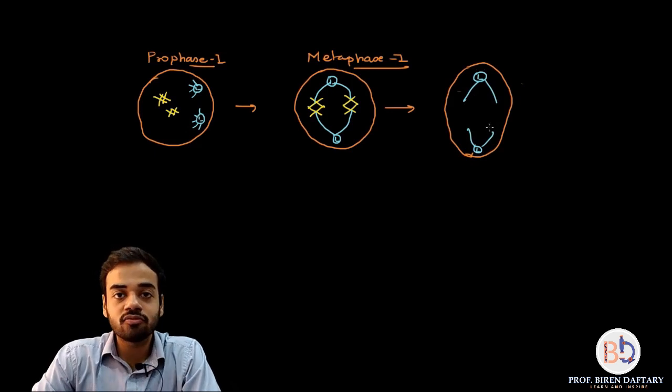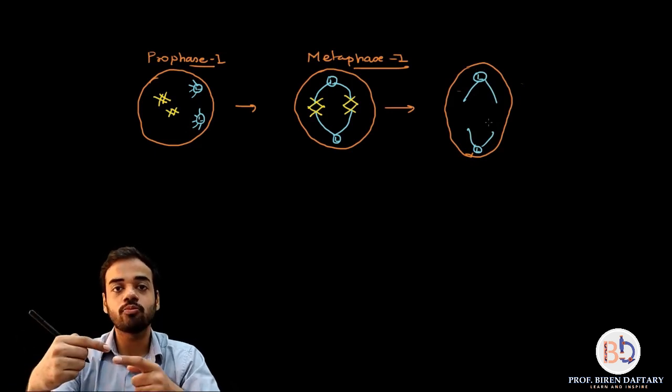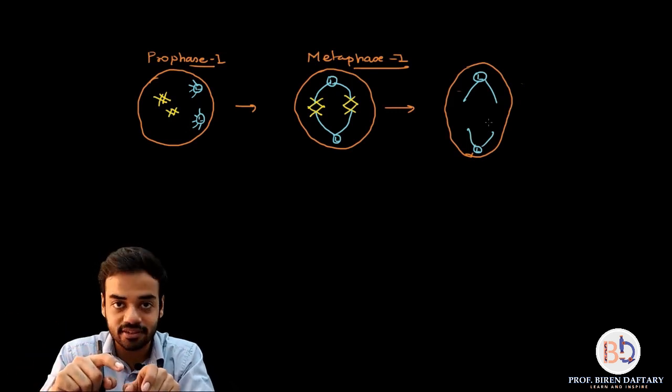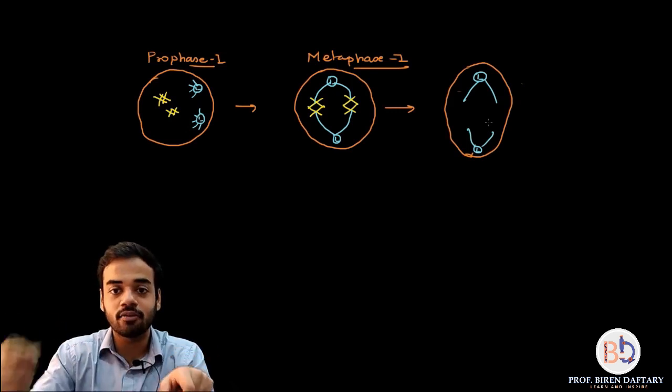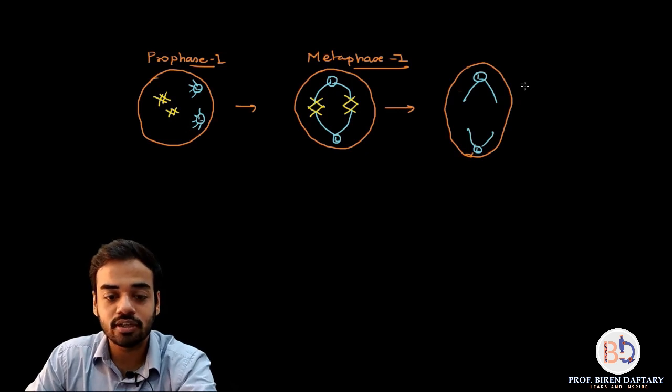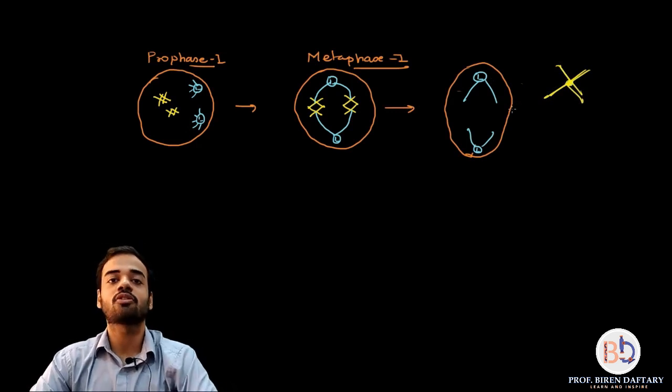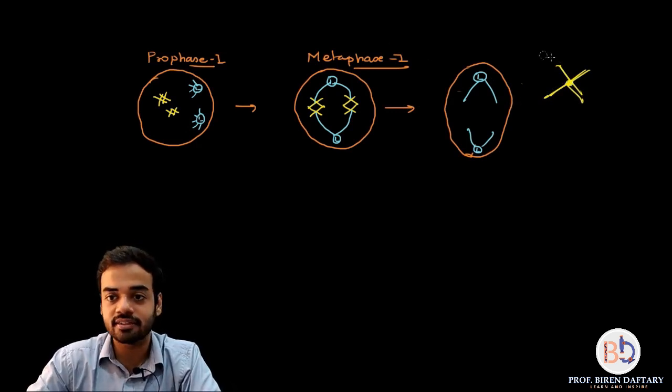See, in mitosis what happened was a single chromosome was pulled towards both the ends, and that is why the sister chromatids of the chromosome separated. What are sister chromatids? If this is your single chromosome, then these two chromatids attached to the same centromere are called sister chromatids. We have already done this, correct?